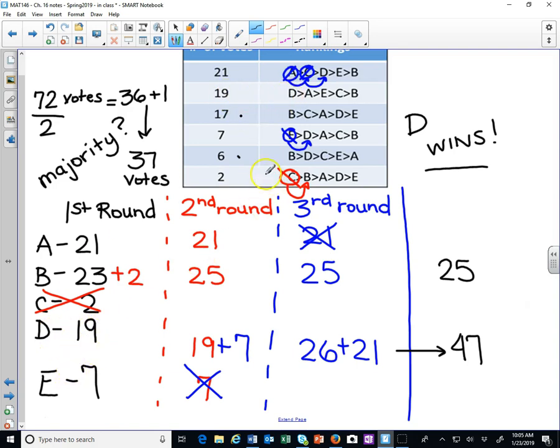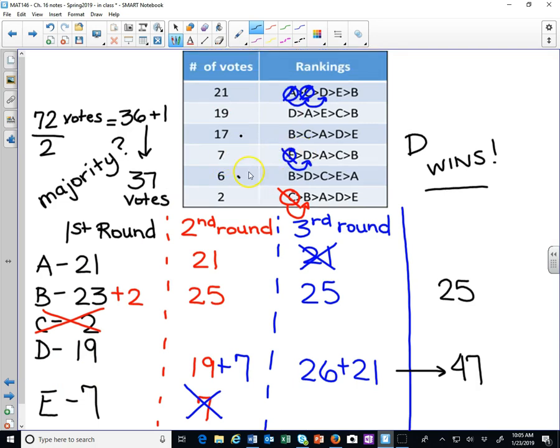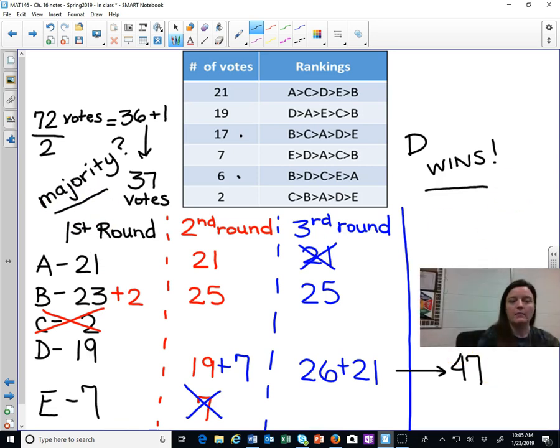And E had 7. All right, so let me go up here and erase some of this so we can talk about what we're looking for there. So what we do is in the first round, if nobody has a majority, then we have to go on to the second round, right? If somebody has a majority in the very first round, then that's great, you're done.